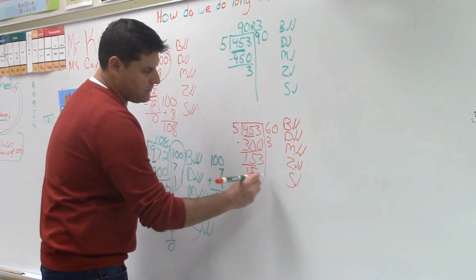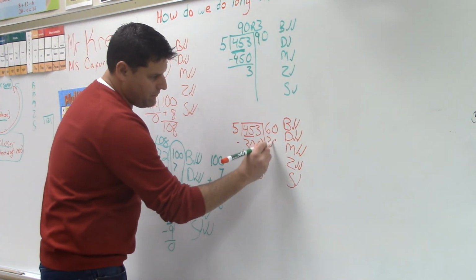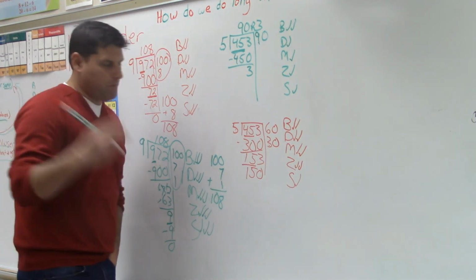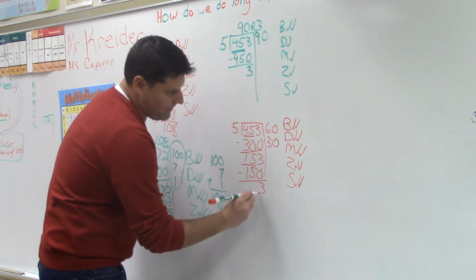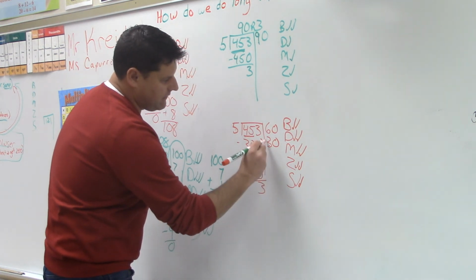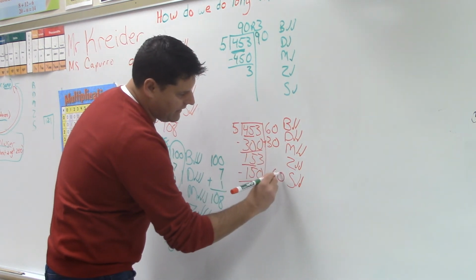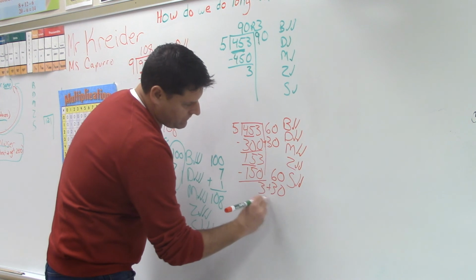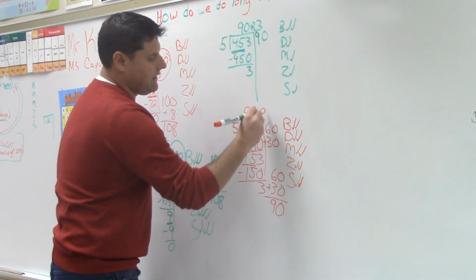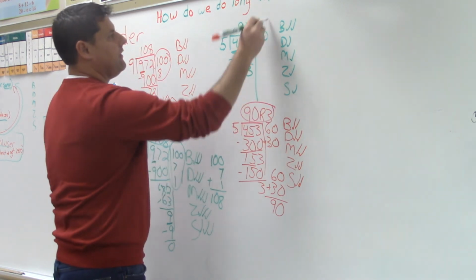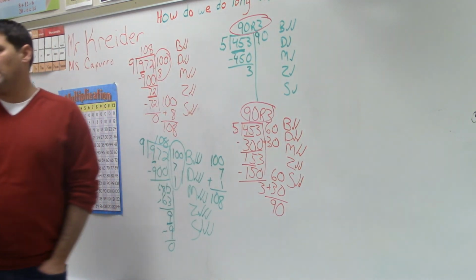Now, no zeros, put 1 here, 2 places, subtract 3. Now at the end, we just do our multiplication, we do our addition, which gets us 90, remainder 3.